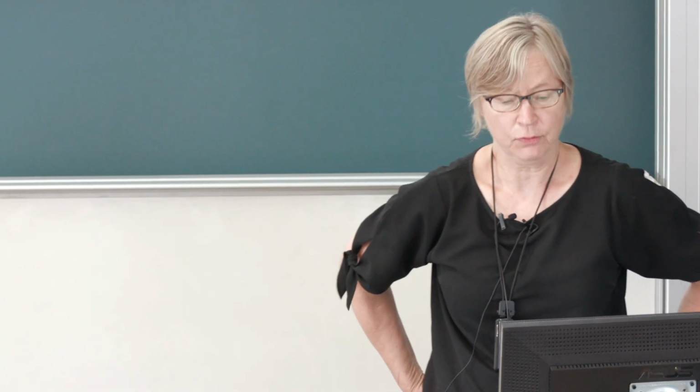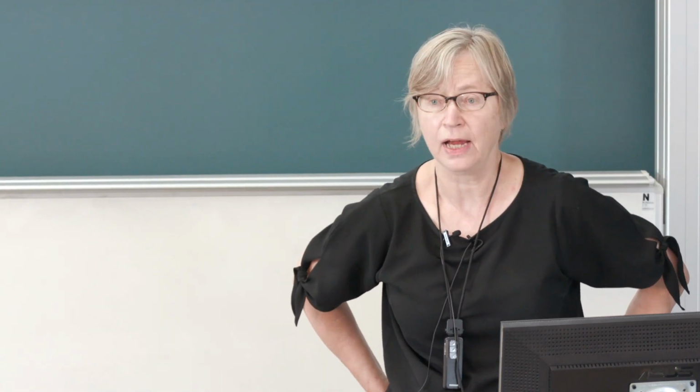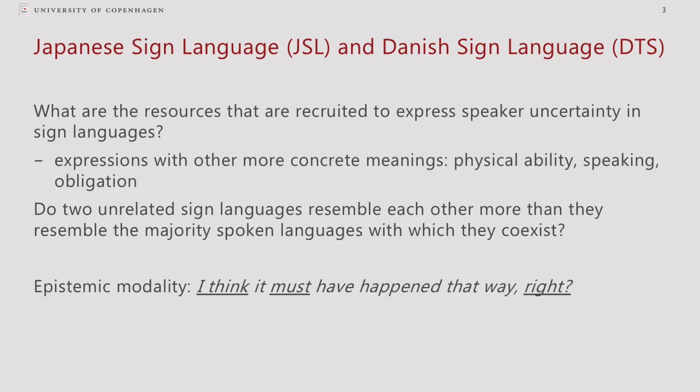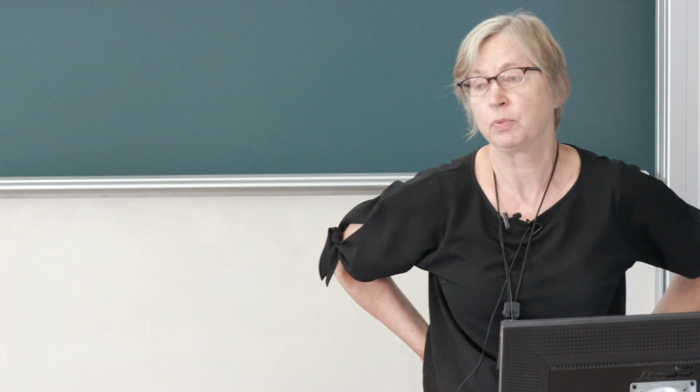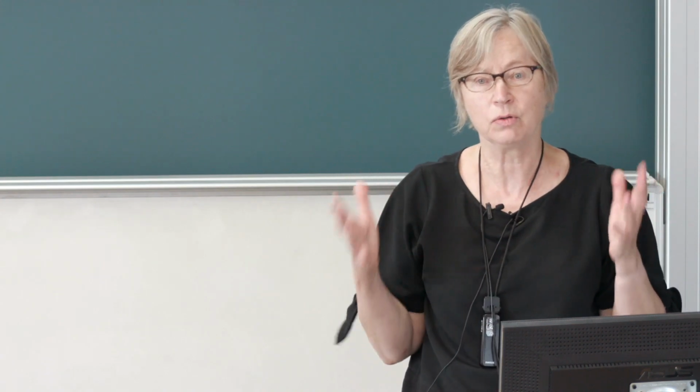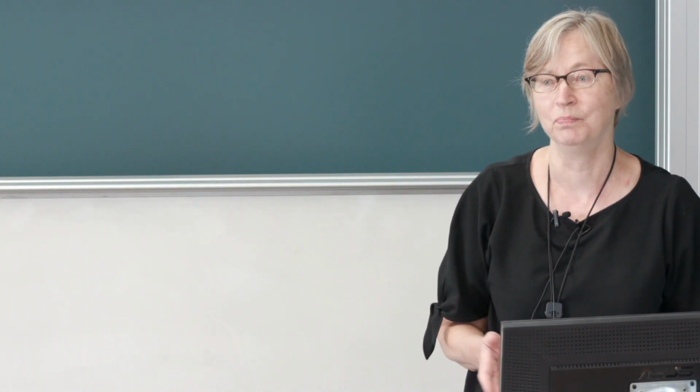Well, I have for some time been interested in finding out how signers express their uncertainty about what they are saying. When I, and probably also others, started looking at a sign language, we were very interested in how you express the basics, how you express who does what to whom.